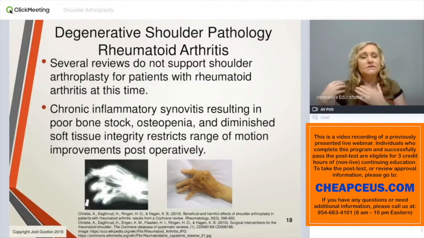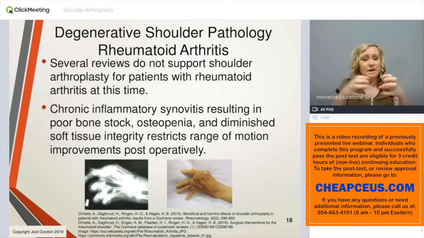And what they're finding related to the shoulder and individuals with rheumatoid arthritis, when they look at shoulder replacement, is that destroyed uniformity of the joint surfaces limits function and glide, and it creates a significant amount of pain for individuals. What they find, because there is such deterioration, is that there's not sufficient bone stock in order for them to implant the prosthetic components.